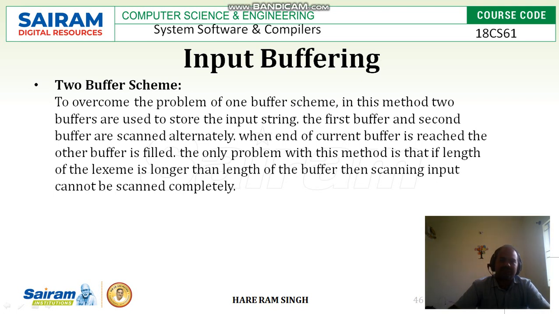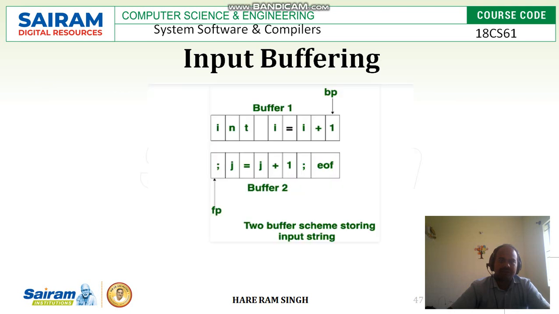The only problem with this method is that if the length of the lexeme is longer than the length of the buffer, then the input cannot be scanned completely. It solves the lexeme length problem to some extent, but not completely.